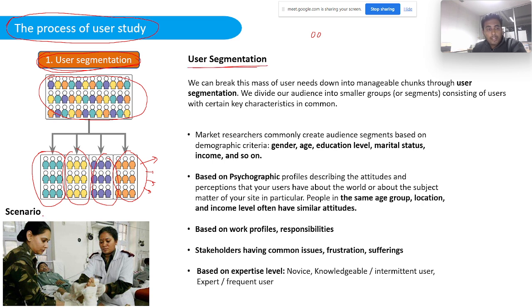For example, in this particular scenario, when you go for a user study, you try to identify who the various stakeholders are. This is an army hospital, so probably you may find patients or wounded soldiers.